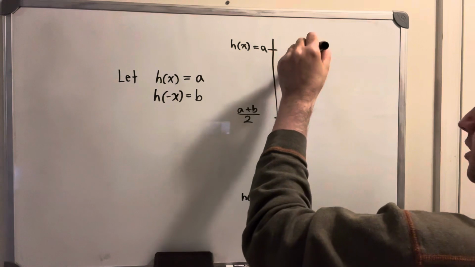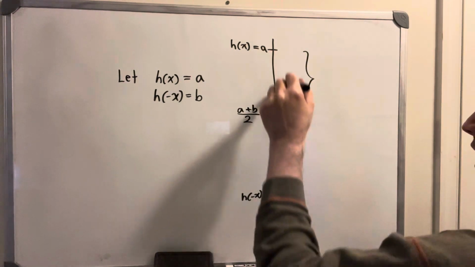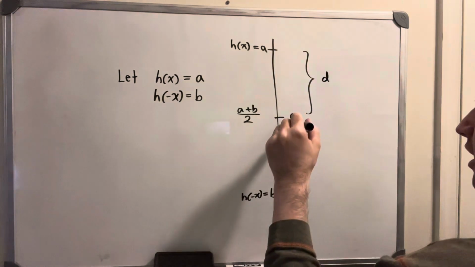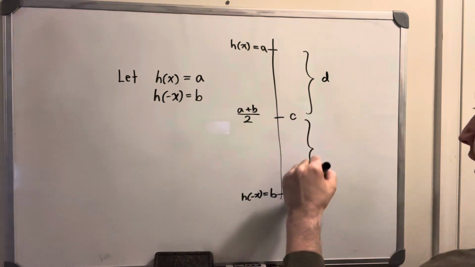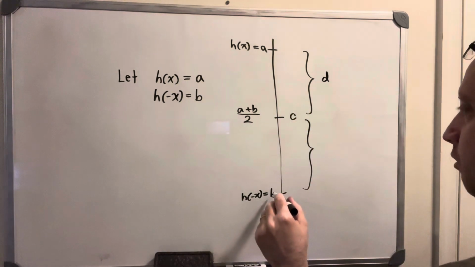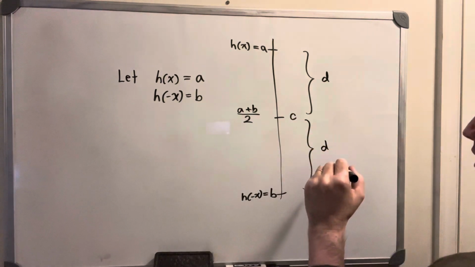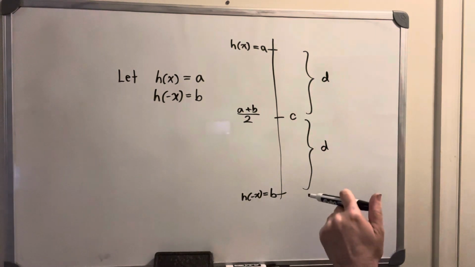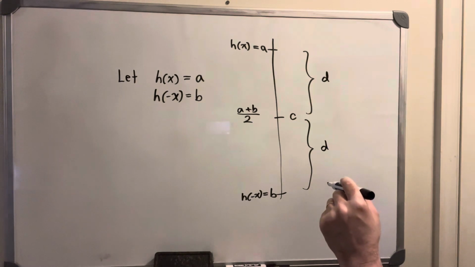Now the distance between the midpoint and the upper value will be some value d. And because this is the midpoint, wouldn't you agree that the distance between the lower bound and the midpoint would also be d? So we're keeping this all abstract. We're not supplying any numbers.